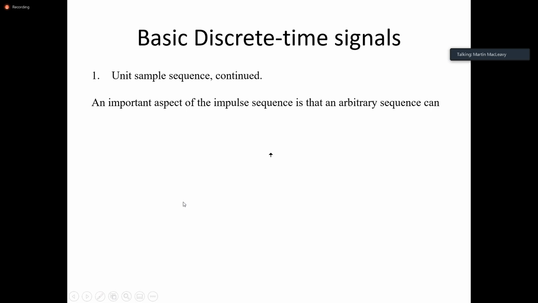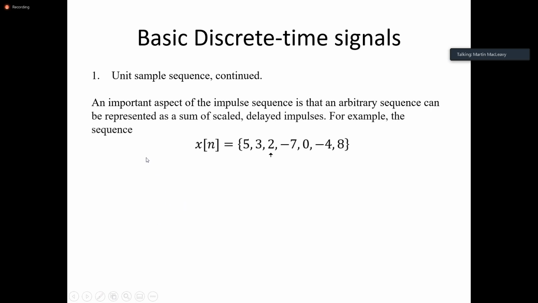One of the things that we can do is that we can represent a sequence as a function of unit impulse functions.